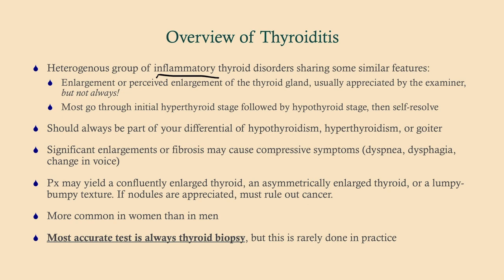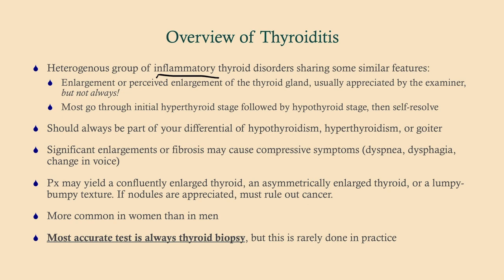But eventually, because of that destruction, because of that damage, you will go to a hypothyroid phase, and many of these are self-limited. They self-resolve, so the thyroid heals itself. So what you generally see with these thyroiditides is a hyperthyroid phase, then a euthyroid phase as you start to go down in thyroid hormone, then a hypothyroid phase, and then back to a euthyroid state as you have resolved.